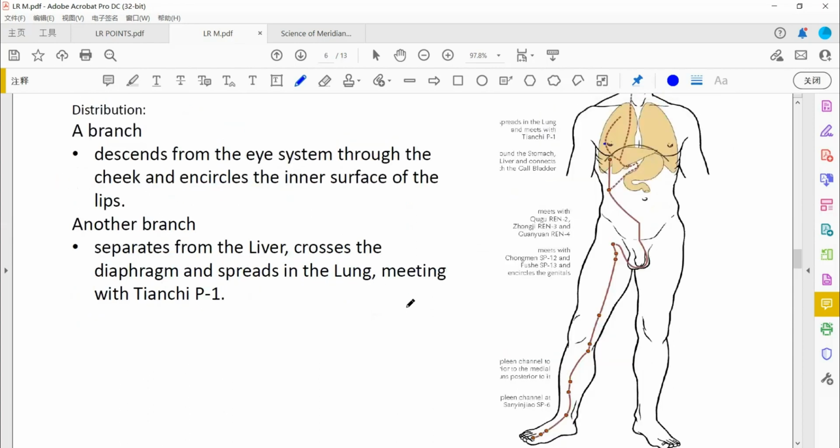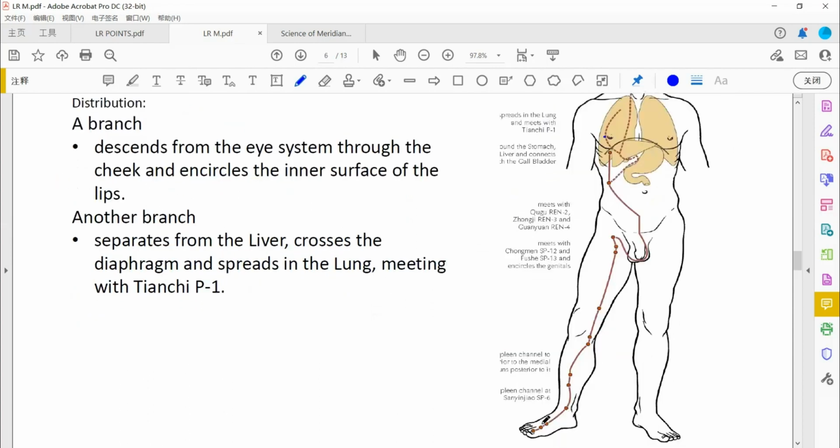Okay, let's go over this one. So start from the lateral side of the big toe and go here, goes up. SP12 and 13 here will cross on Chongmen and Fushi.